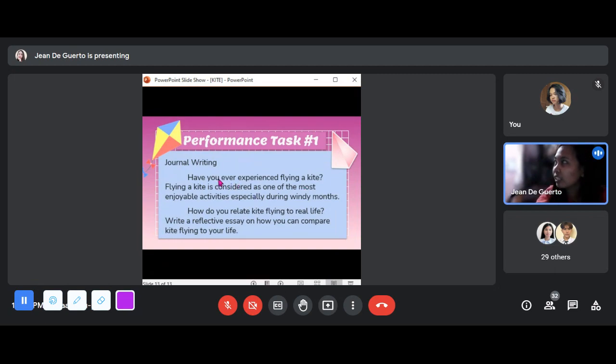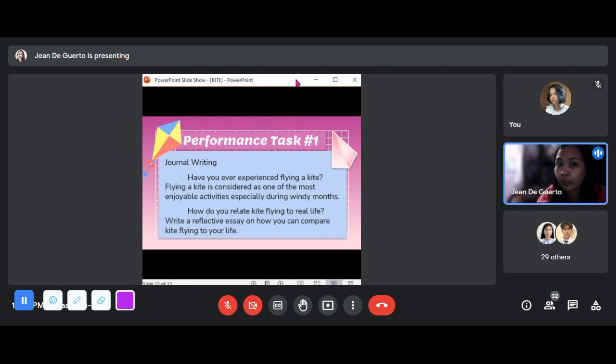Kasi may nagtanong last time kung paano ko daw nire-rate yung performance task, kung may maling sagot daw ba. Wala namang maling sagot kasi usually opinionated naman or sariling experiences ninyo yung mga sinishare nyo doon sa performance task. Kaya walang mali doon.